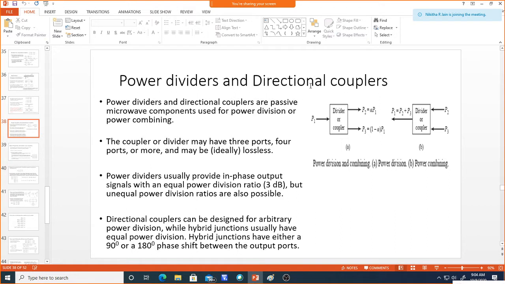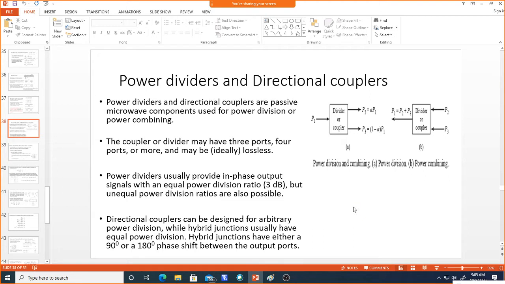In a similar way, directional couplers are also used to divide the power, but you can divide the power unequally. Whatever ratio you want, you can get it from the directional couplers. These power dividers generally have zero phase at the output; only the power division will happen.